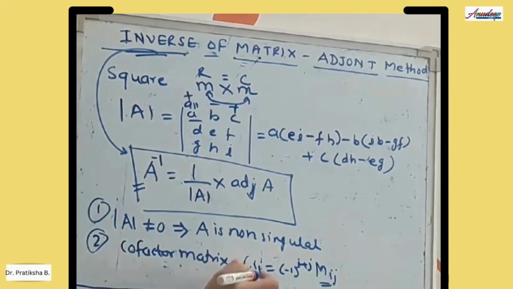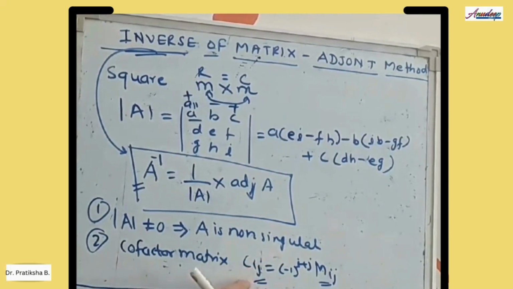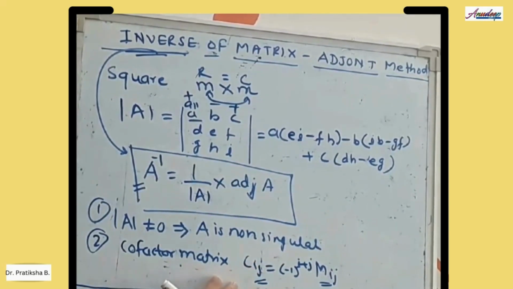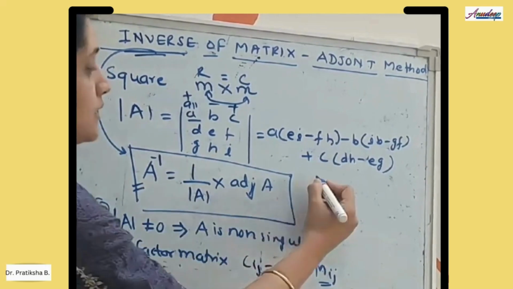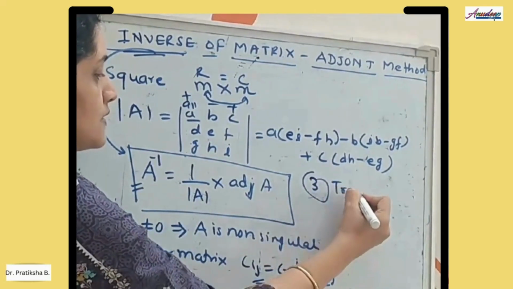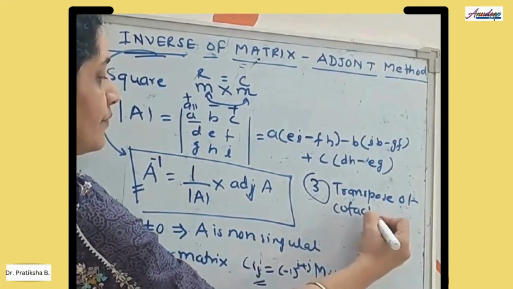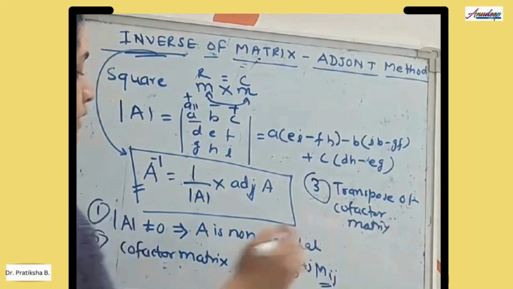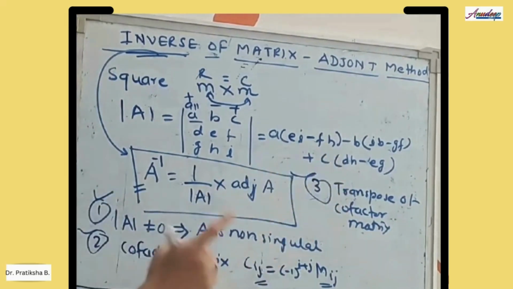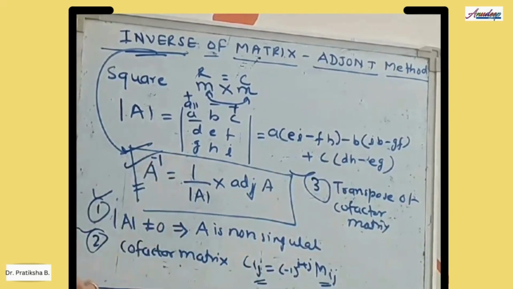From the original matrix, we evaluate each element of the cofactor matrix. The third step is to take the transpose of the cofactor matrix. These are the three steps we follow to find the inverse of a matrix.